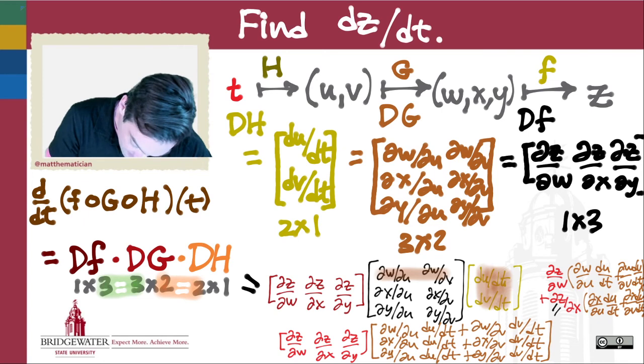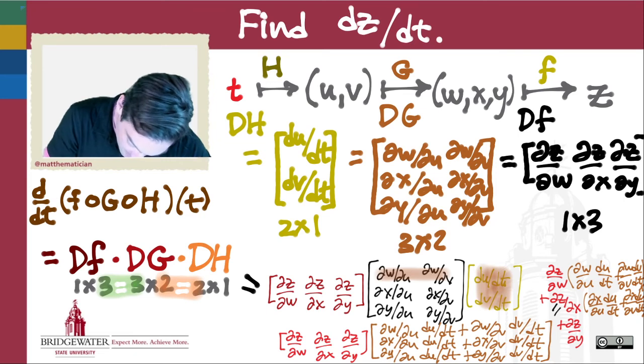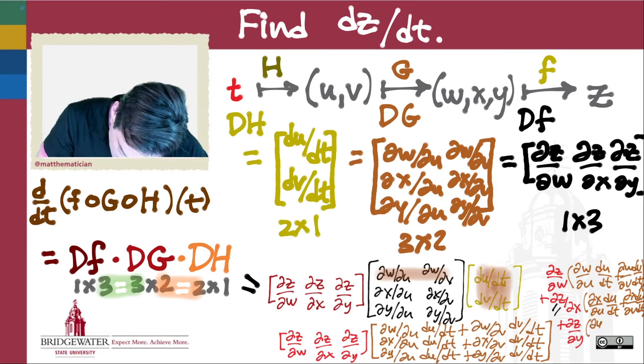And then finally, the third component, dz dy multiplied by dy du du dt plus dy dv dv dt.